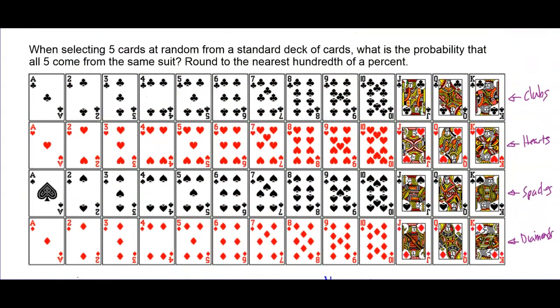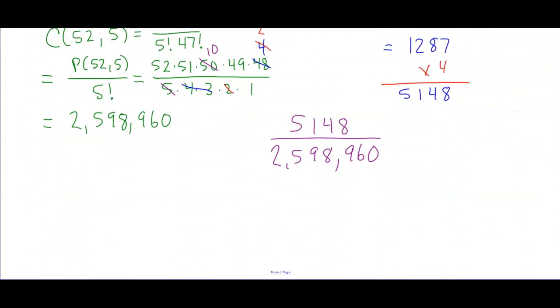It said, round to the nearest 100th of a percent. And that's kind of good news and kind of bad news. The good news part of it is you can take this fraction here, plug it into a calculator, and see what the calculator gives you, and that way you don't have to worry about reducing.